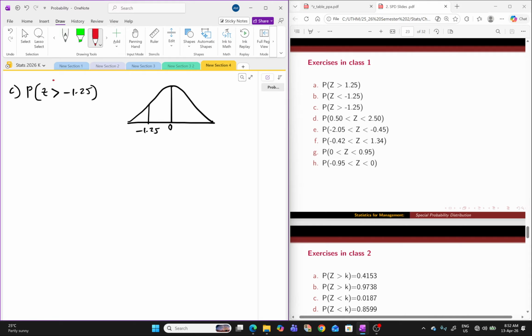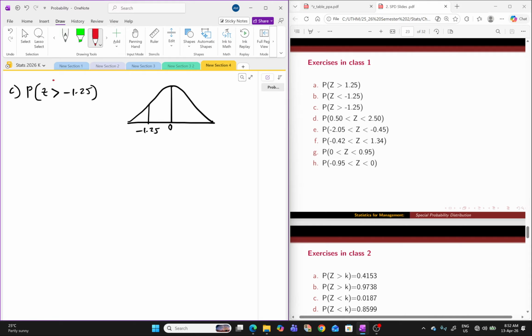So the red color area is the same as this one. This red color area and this red color area is the same. Now, in the table, we want to find the red color area. We want to find this one.